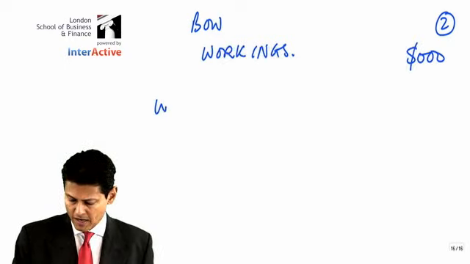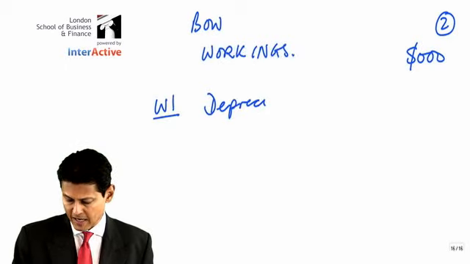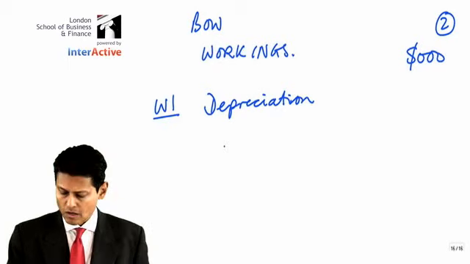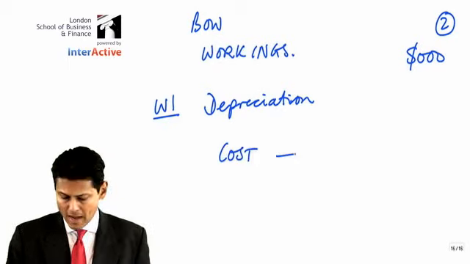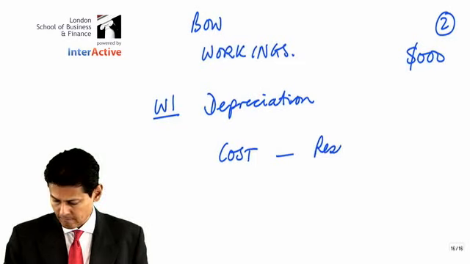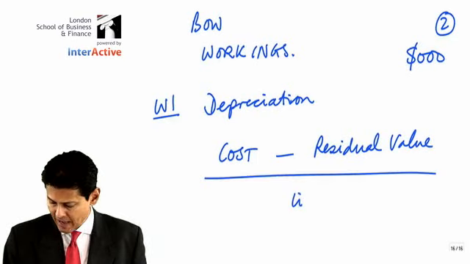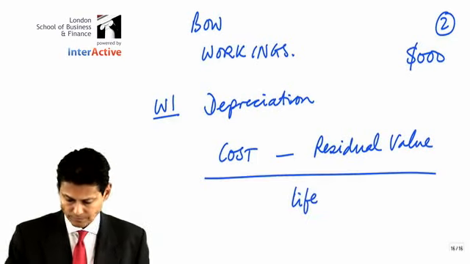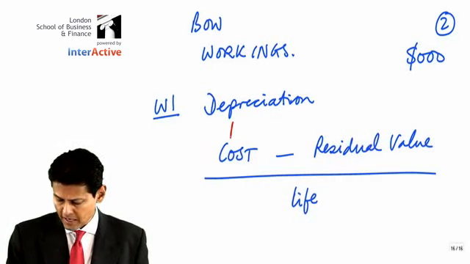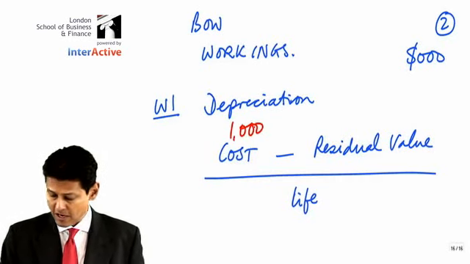Thousands. Working 1 is an attempt at depreciation. Cost minus residual value divided by life. The cost, we were saying a moment or two ago, is 1,000 in thousands.